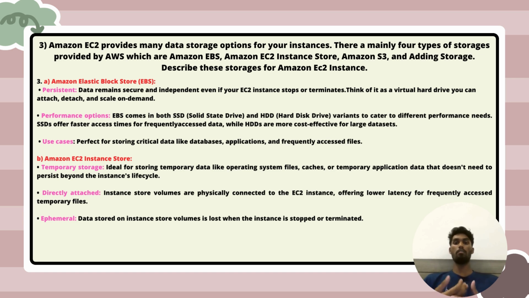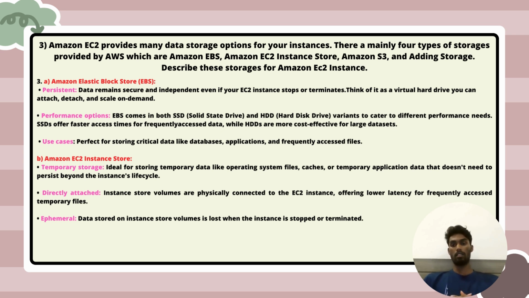So EBS comes in both SSD, which is solid state drive, and HDD, which is hard disk drive, variants to cater to different performance needs. So SSDs offer faster access times for frequently accessed data, while HDDs are more cost effective for large data sets. So use cases, perfect for storing critical data like databases, applications, and frequently accessed files.